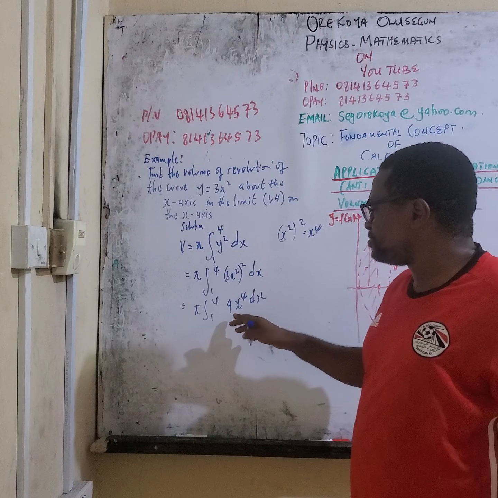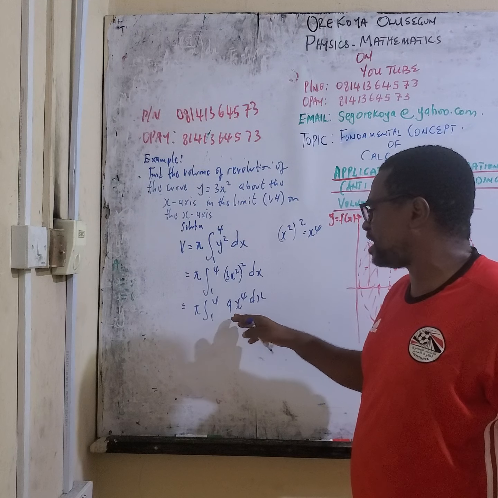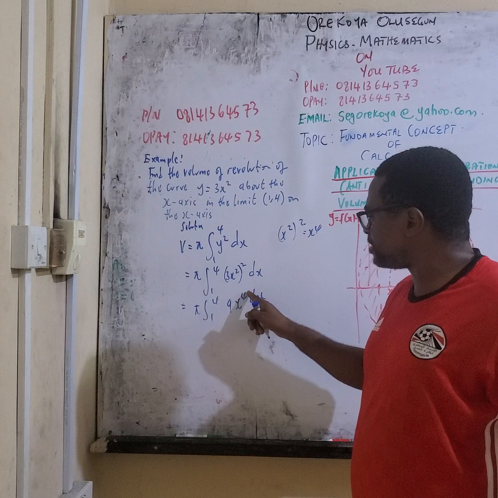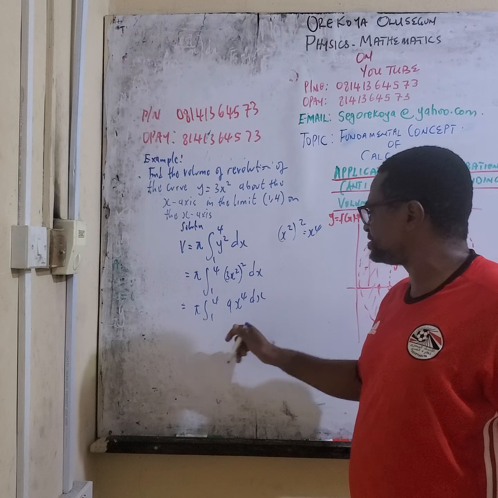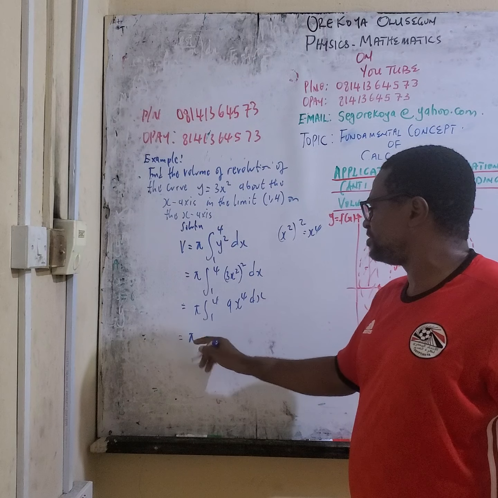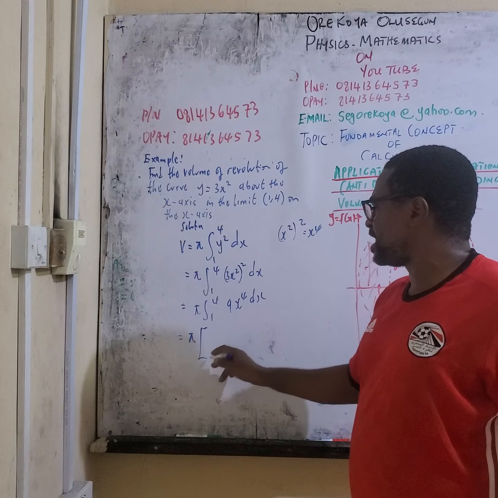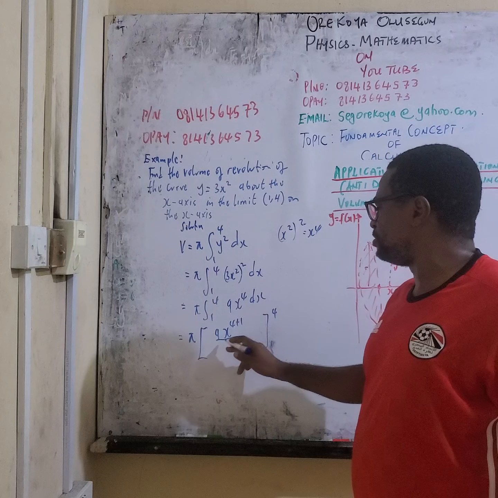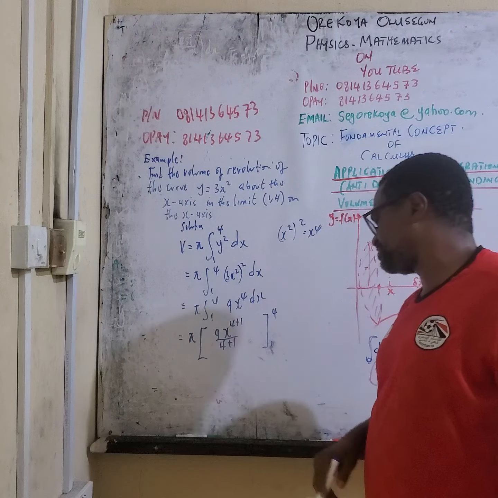In my other video, I have already discussed how to determine integration of a given function. So we keep the constant, then I put the limit out there, 1 to 4. So I will write this 9. Then this x raised to power 4 will be x raised to power 4 plus 1 all over 4 plus 1.